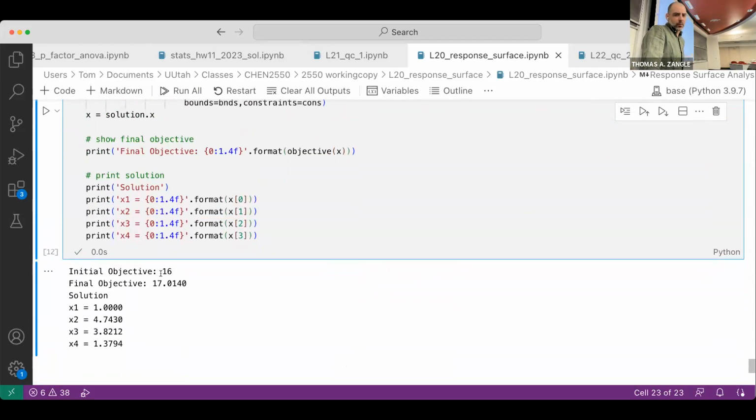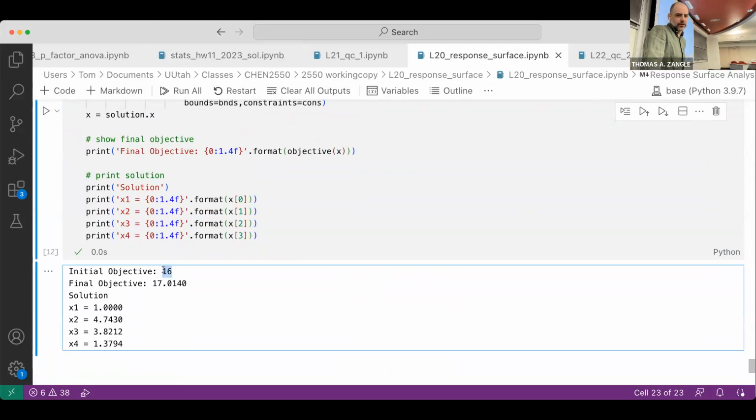So when we do this, in this form, one of our outputs was what was the cost function, the function that we're trying to actually optimize, at that initial point? And we saw its value was 16.